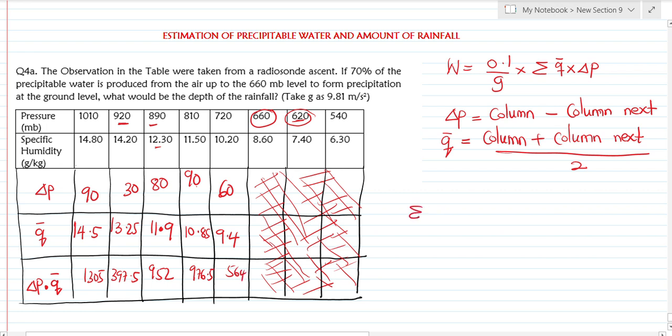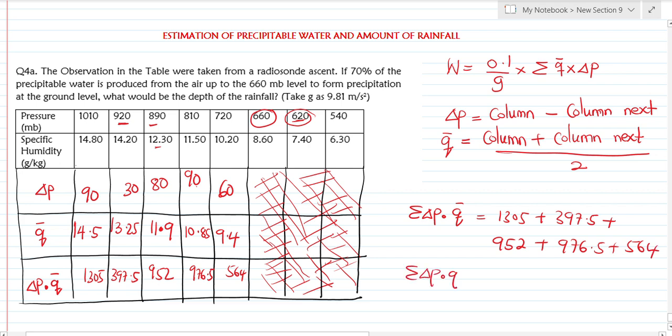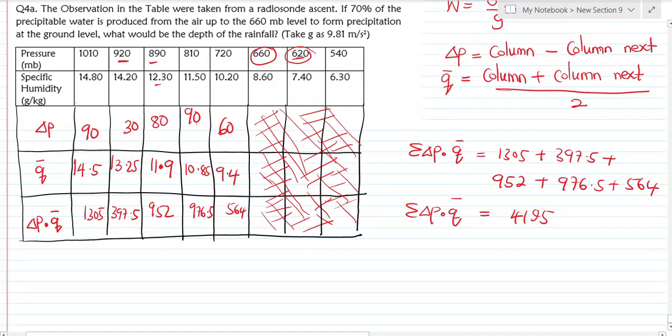Then I find the sum of the products: 1305 plus 397.5 plus 952 plus 976.5 plus 564. If I find the sum, I get 4195.